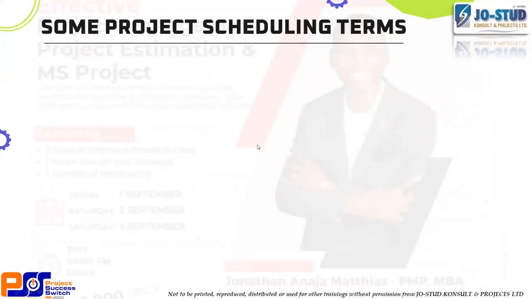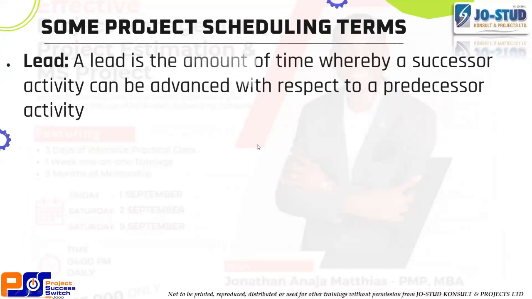Now, other terms that you need to know is lead and lag. I mentioned it before. A lead is the amount of time where a successor activity can be advanced. Have you watched that these dependencies and lead and lag center around the relationship between successor and predecessor? One predecessor can have plenty of successors.